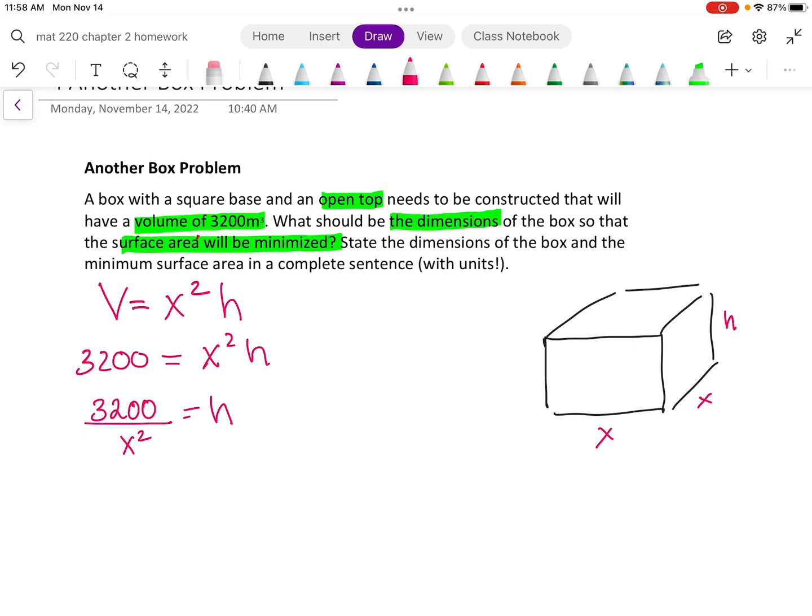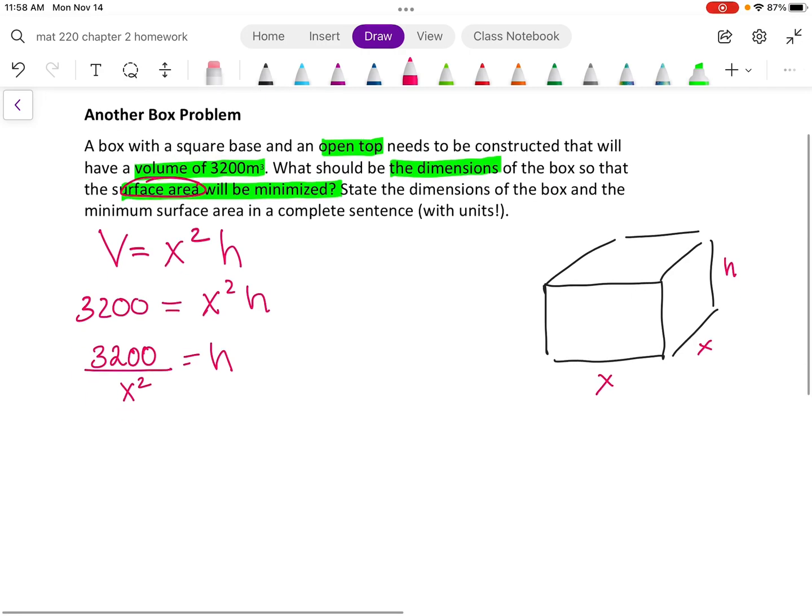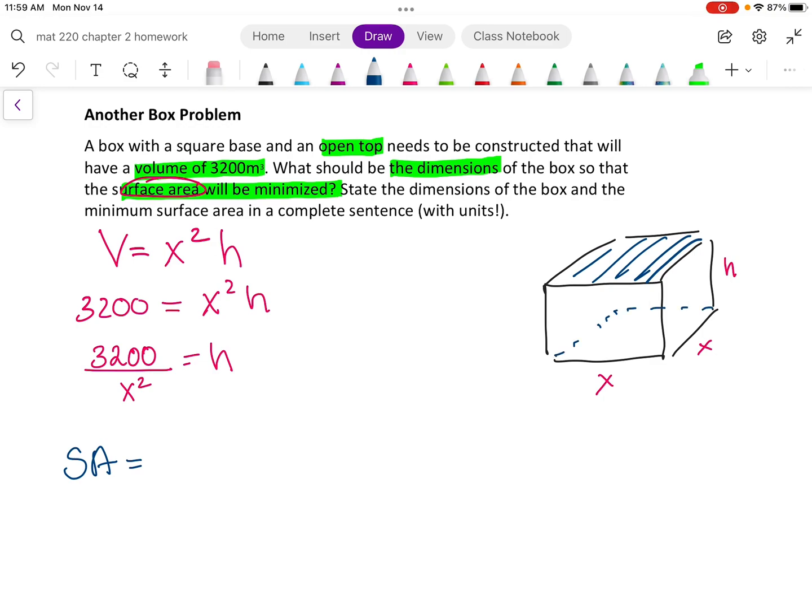Now I'm looking at surface area. So surface area of a rectangular prism, we have an open top, so this area right here does not exist. But I do have a base with the same dimensions, that would be x squared. And then I have a side over here that I've outlined in green, and that would be x times h.